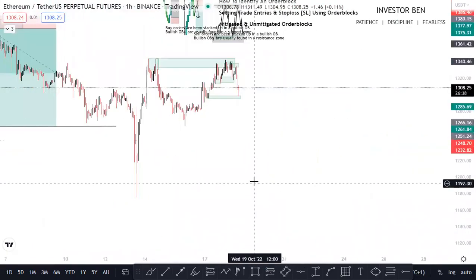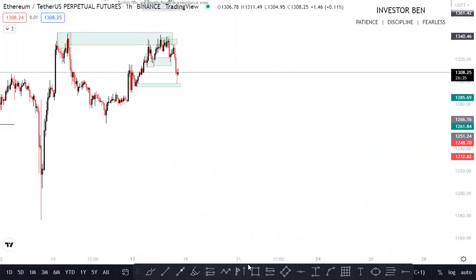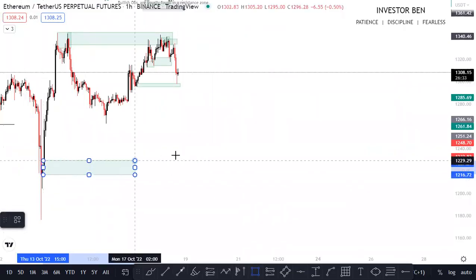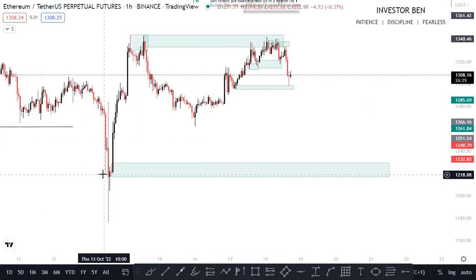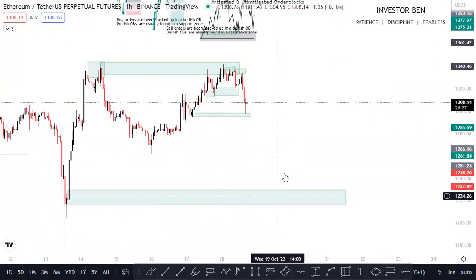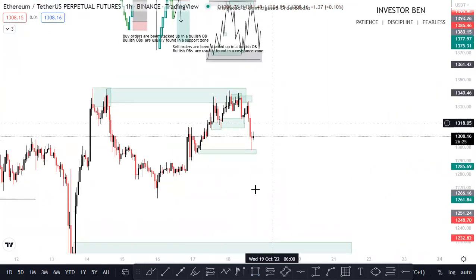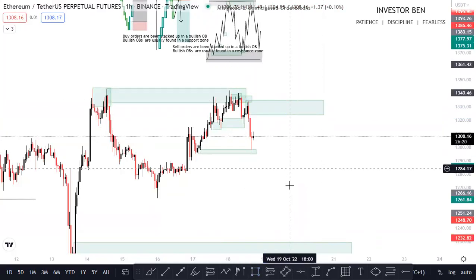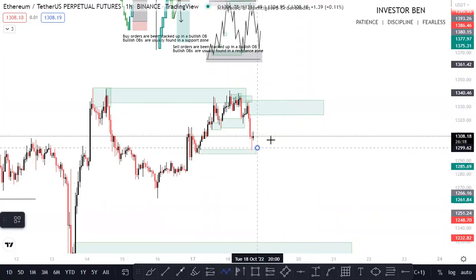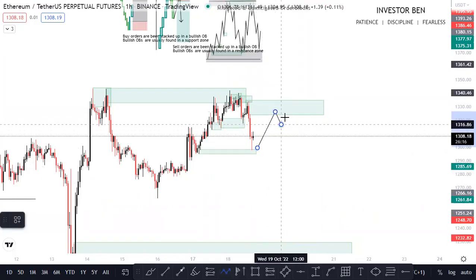Now let's say for this zone, for example, we have a block at this point, right? If you zoom in well, we have another block at this point. Here remains unmitigated, right? We also have another block at this point. Here now, price hasn't tapped on this other block. We need to see maybe a reaction at this point, right?